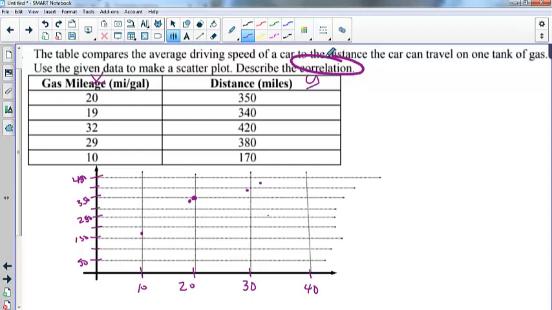So, anybody else? Positive, negative, no correlation. If I had to draw a line that went through as many of these points as possible, I would draw it like this. Would you agree with that line of best fit? What kind of slope does that line have?